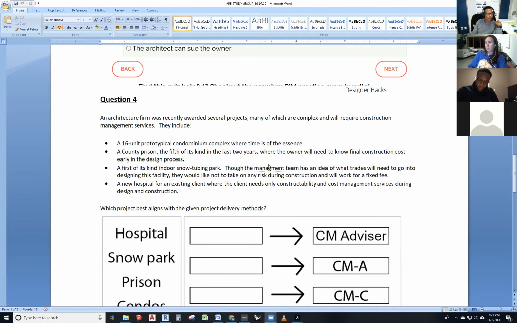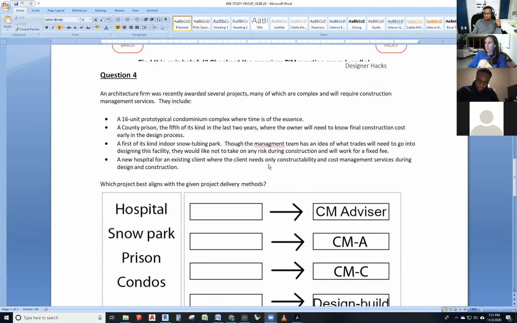All right. So we'll go to question 4. Miranda, can you read it? Okay. An architecture firm has recently awarded several projects, many of which are complex and will require construction management services. They include a 16-unit prototypical condominium complex where time is of the essence, county prison, the 5th of its kind in the last 2 years, where the owner will need to know final construction cost early in the design process, a first of its kind indoor snow tubing park, though the management team has an idea of what trades will need to go into designing this facility.